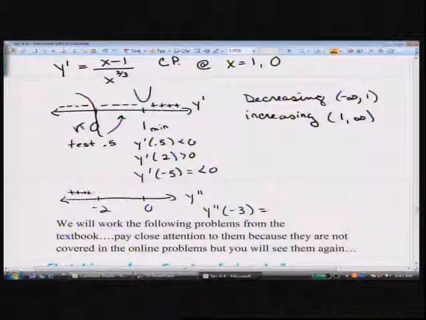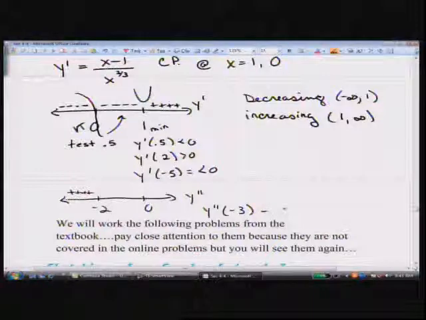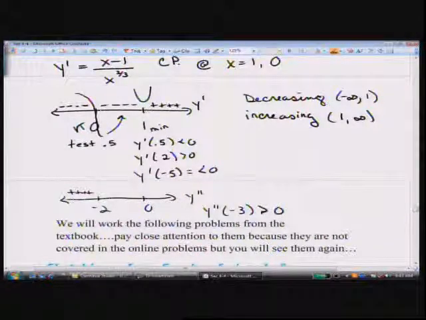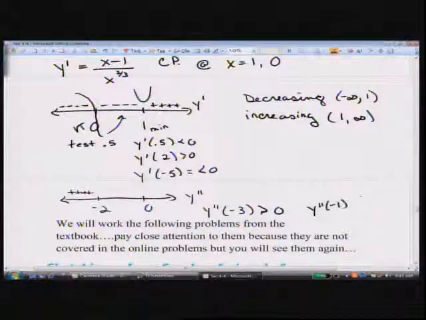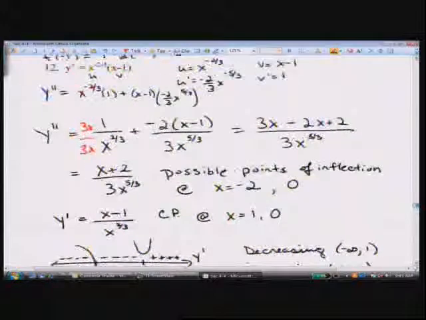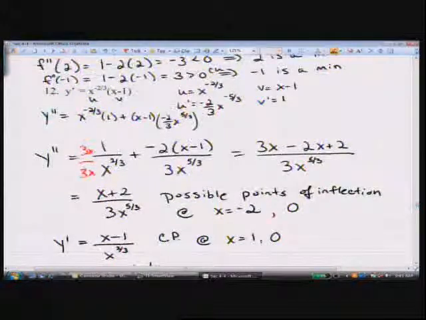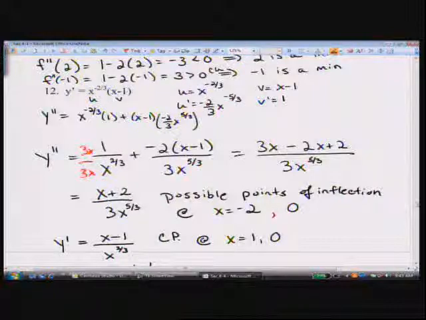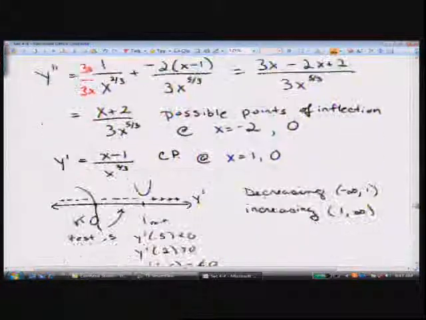If you pick a number like negative 1 and put it into my second derivative, I'm going to get a positive divided by a negative. So it will be negative.